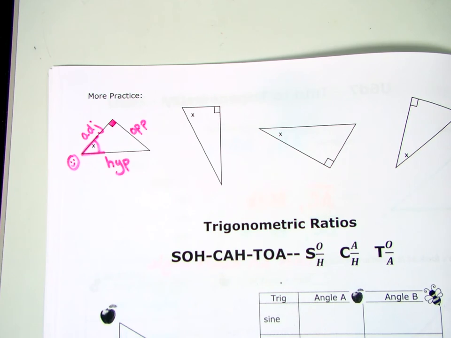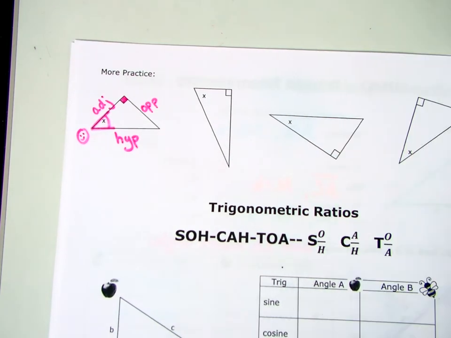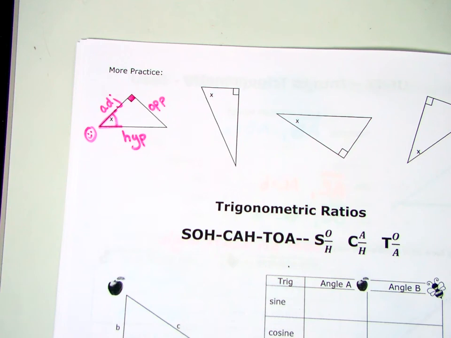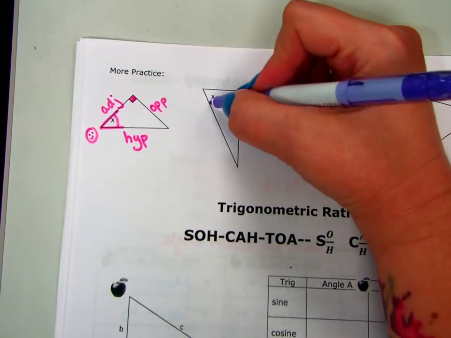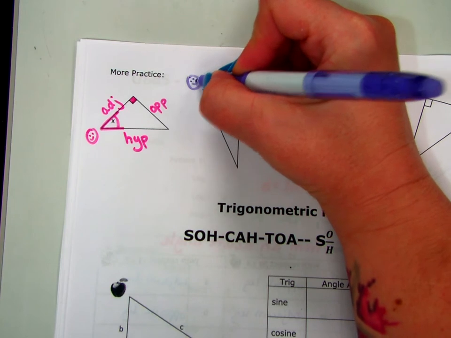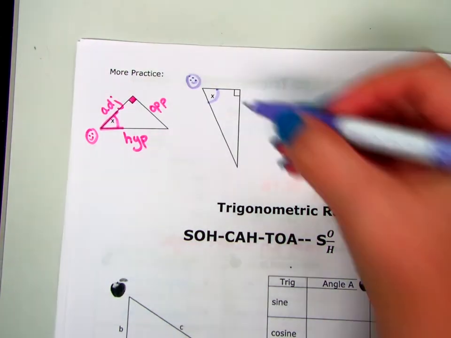So if you struggled on those two try-it-yourself problems, if you take yourself through that little story every single time, then you should be okay, right? First, identify the angle. Put yourself there.